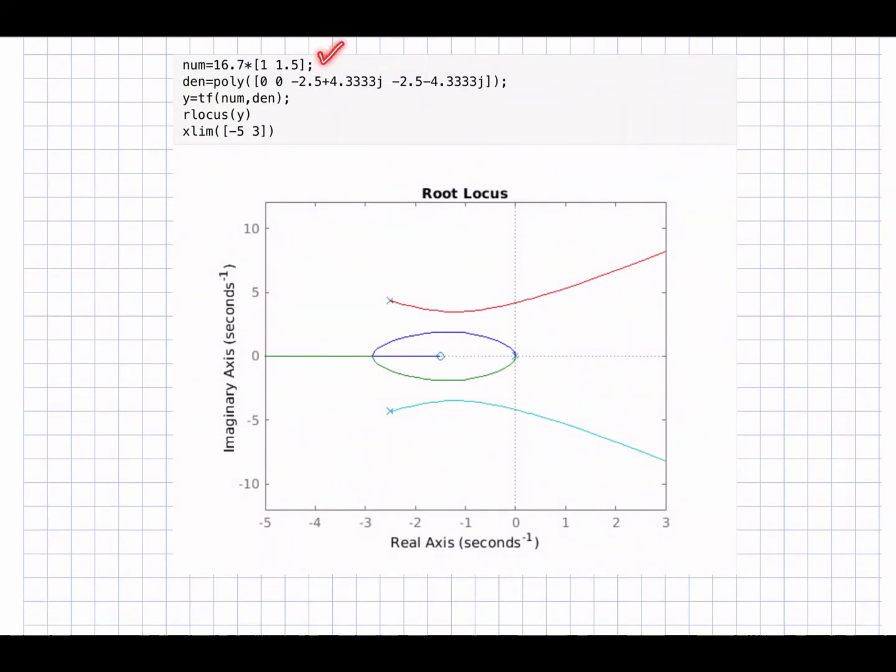So this is the expression for the numerator, this is the expression for the denominator. I am using the polynomial command. Two poles are at 0 and the two complex poles, and then defining the transfer function with this command, taking the root locus, and then setting the limits.